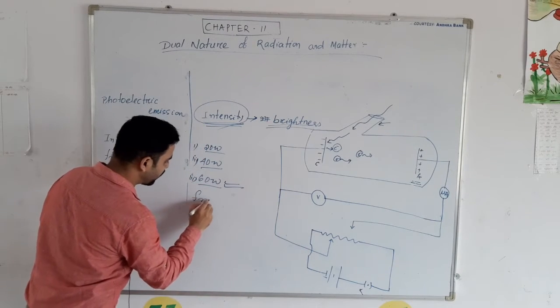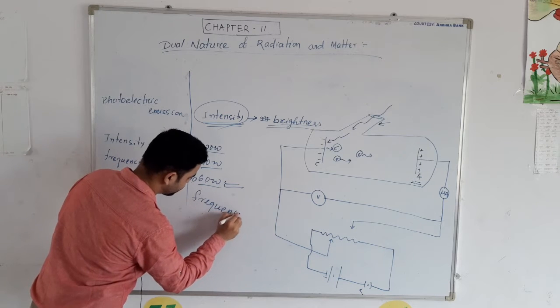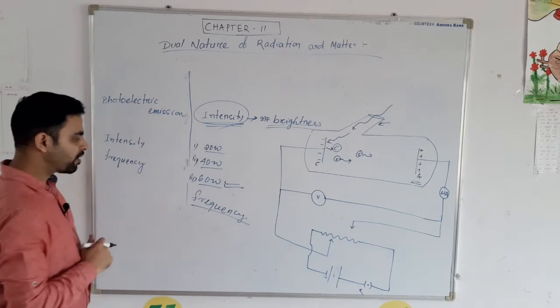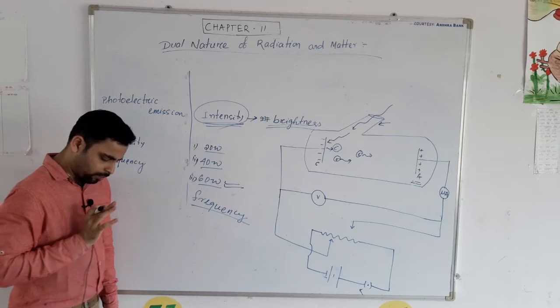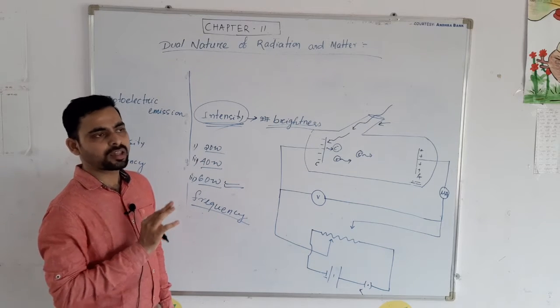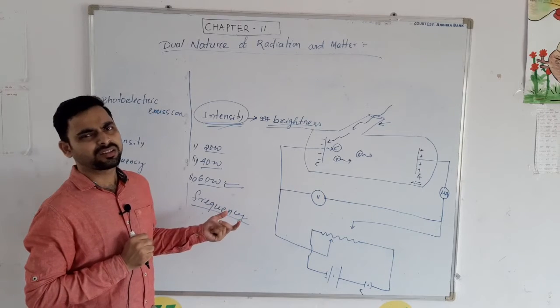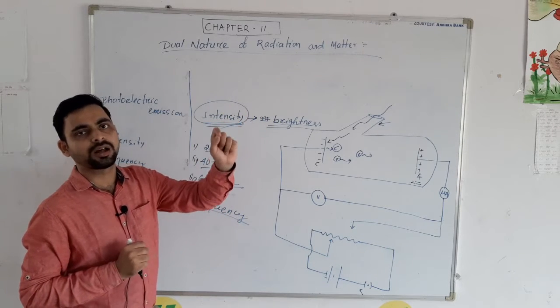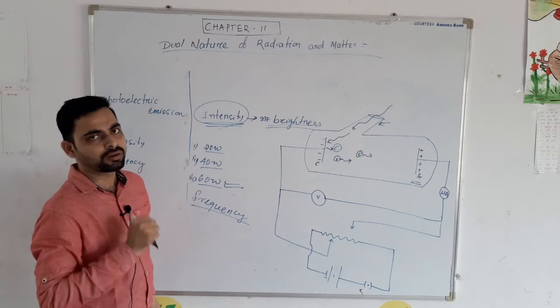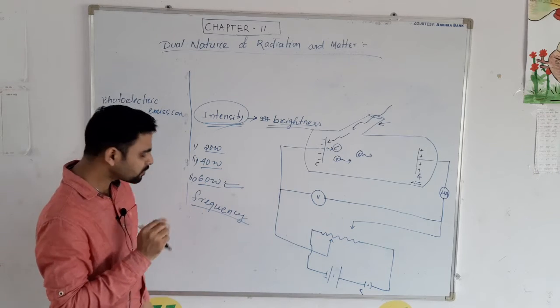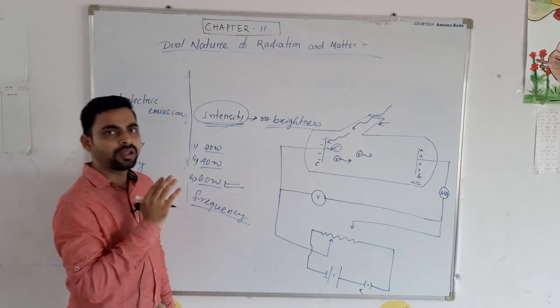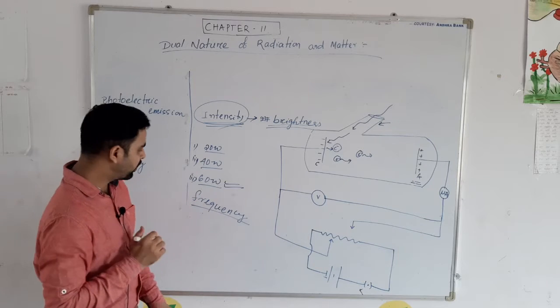Second term, what is frequency? What is frequency actually? Look, we know visible light has 7 colors, VIBGYOR, right? We studied in class 10th that red color has more wavelength and violet has less wavelength. We also studied that there is a term frequency.